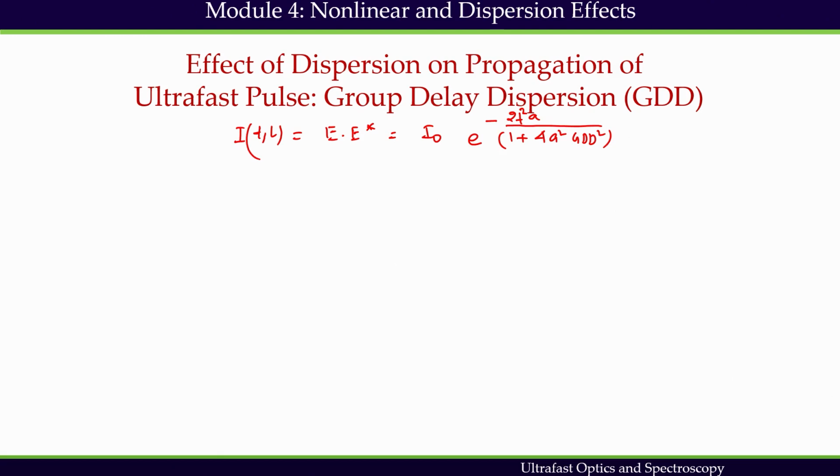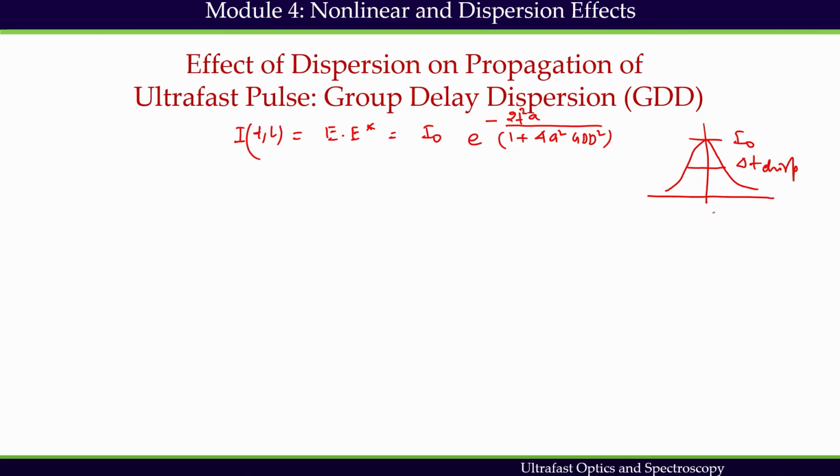And this is the time domain intensity profile of the group delayed pulse originated due to the dispersion effect, and this maximum intensity is I naught. The full width half max, delta t sharp, I will call it sharp because this is a sharp pulse, already introduced due to the second order dispersion effect.